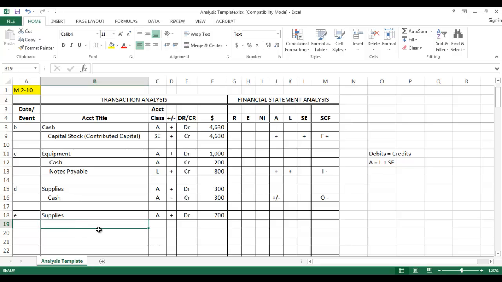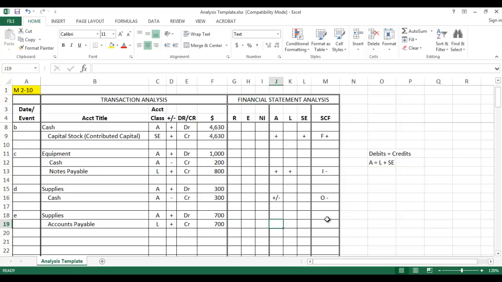This time, though, we didn't pay any cash, so we owe our supplier $700 at a later time. So we'll just call that accounts payable. Accounts payable, again, something we owe, so that's a liability account. We increase liability accounts with credits, and we're done with our journal entry part of that transaction.